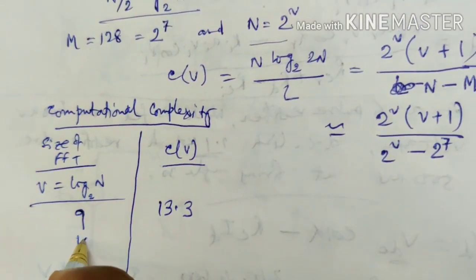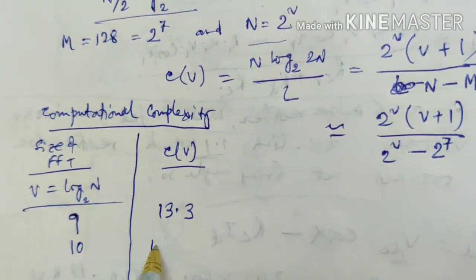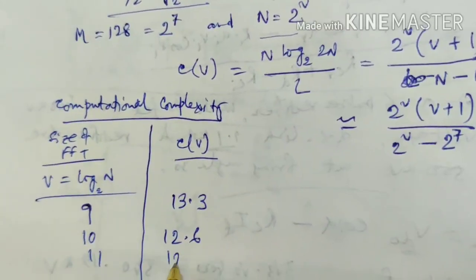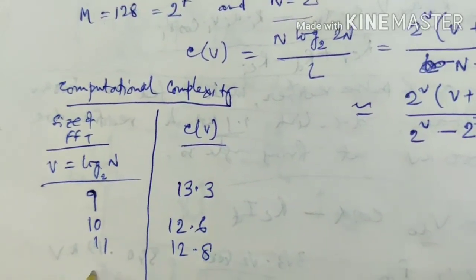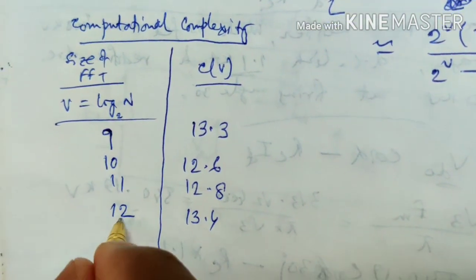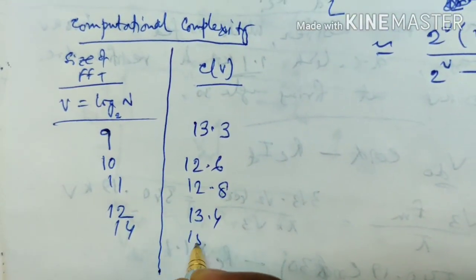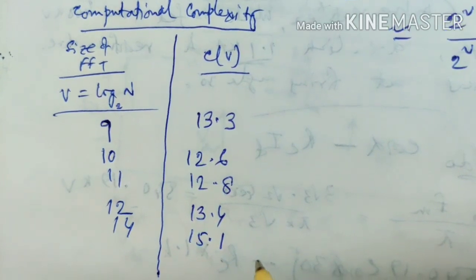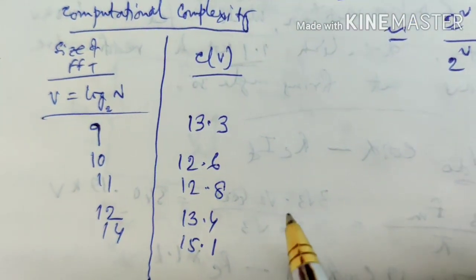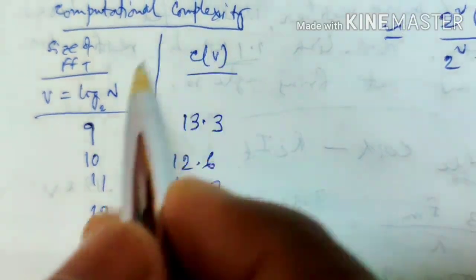For v equal to 10, it is 12.6. For 11, it is 12.8. For 12, it is 13.4. For 14, it is 15.1. The values of C(v) for different values of v are given in the table.